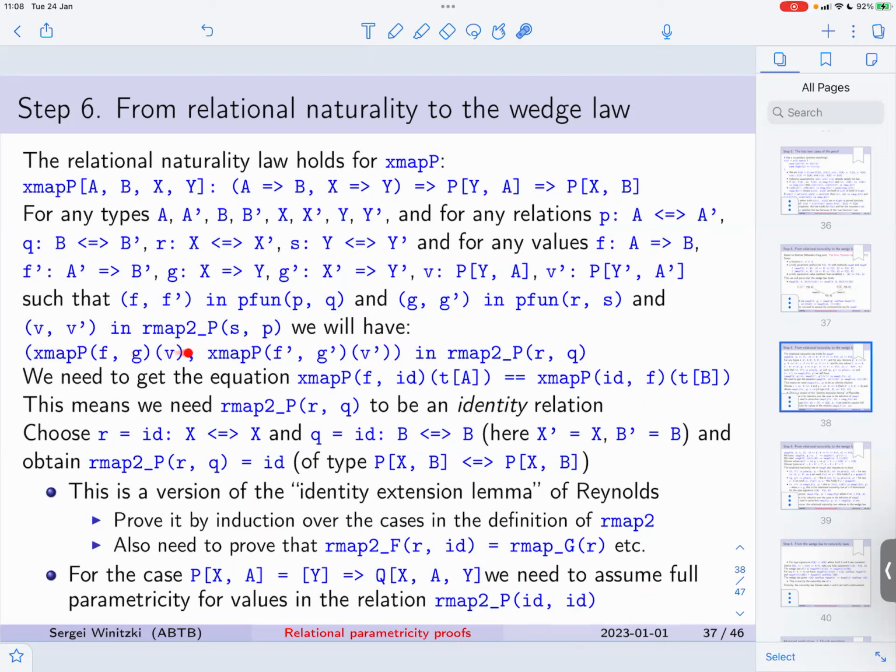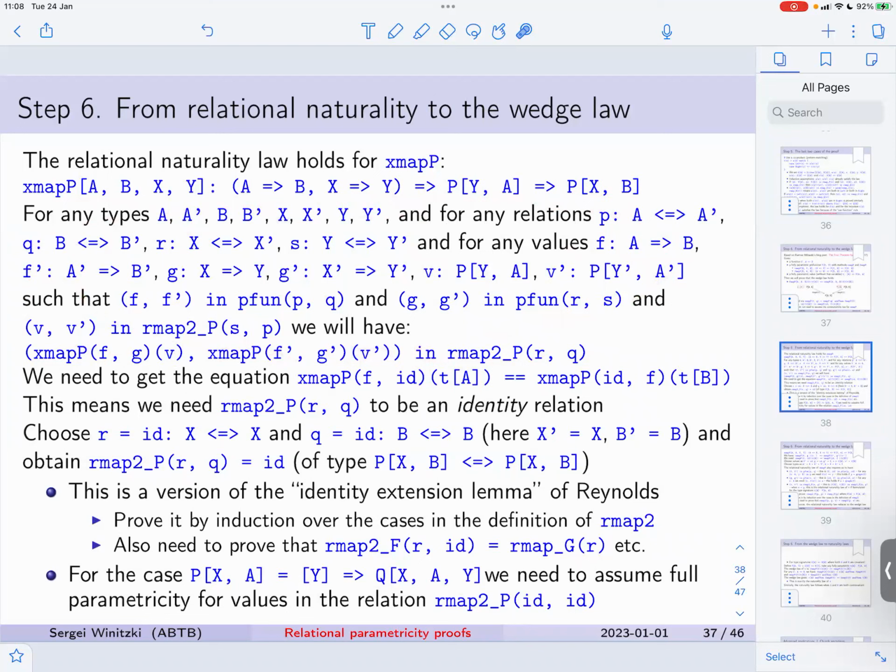Then the values of the X-map function are in this relation, which is lifted. So the R and Q, right? So R replaces X, Q replaces B. So that is going to be the relational naturality law. This is quite horrible.